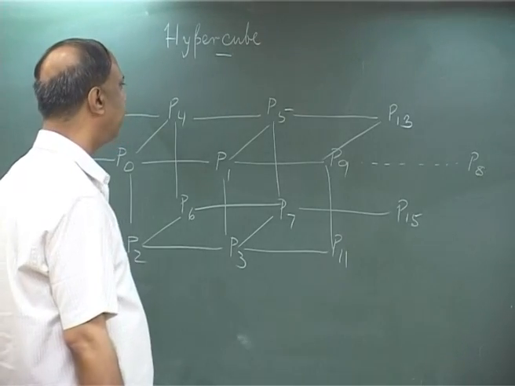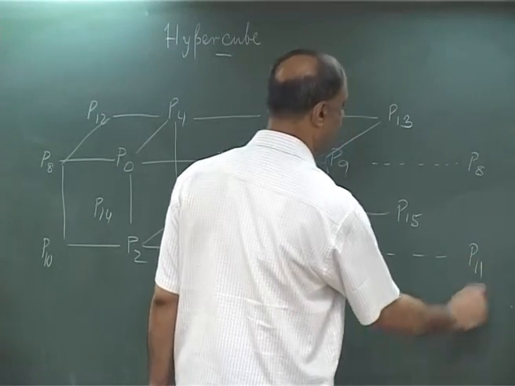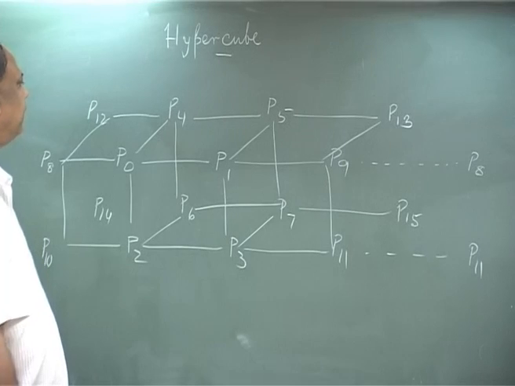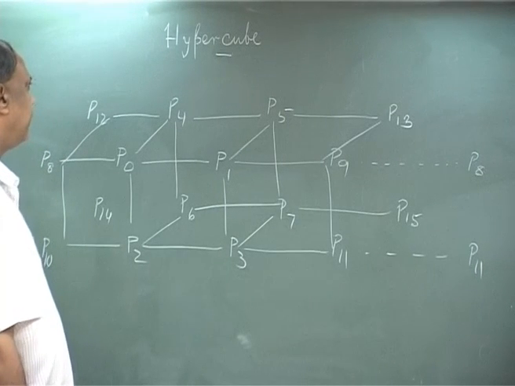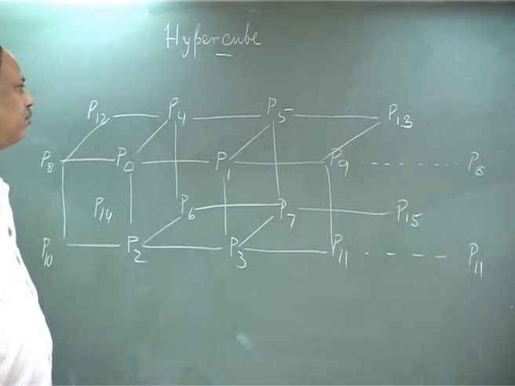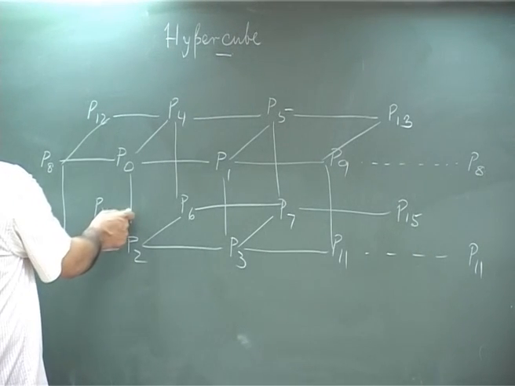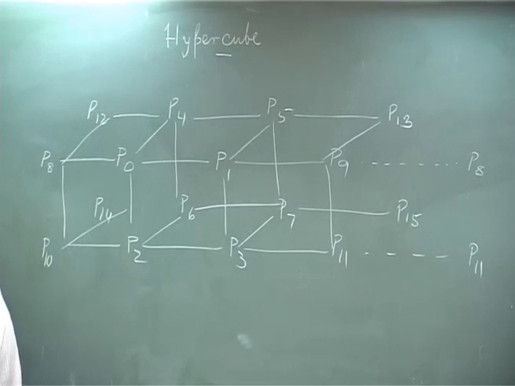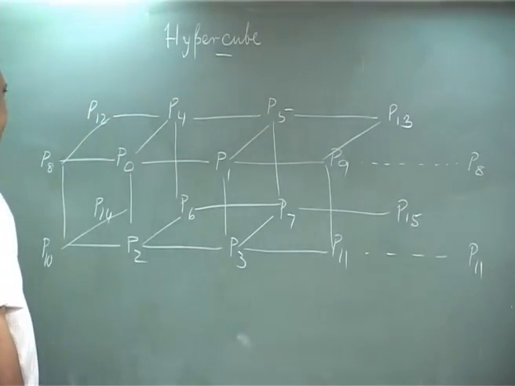Next one is 10. 10 is connected with 11, and 10 is connected with 8. 10 is connected with 8 plus 4 plus 2, 14. And 10 is connected with 2. Done.